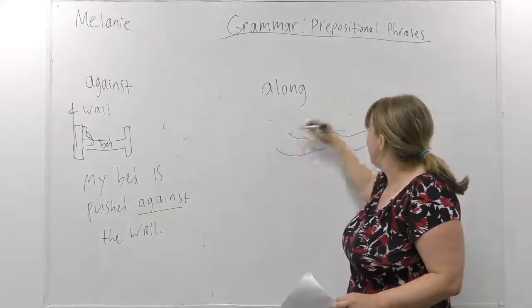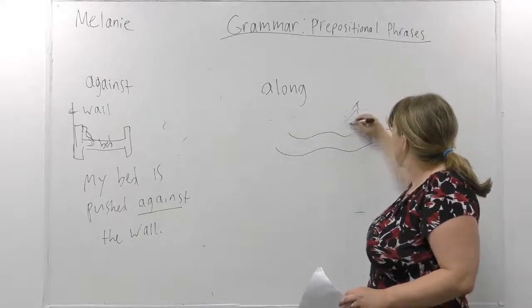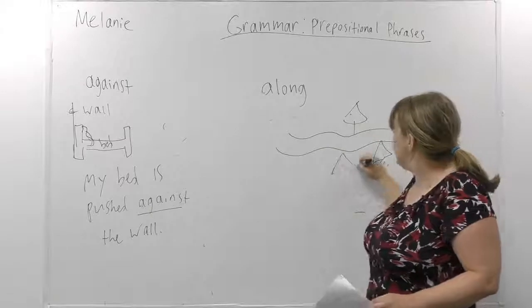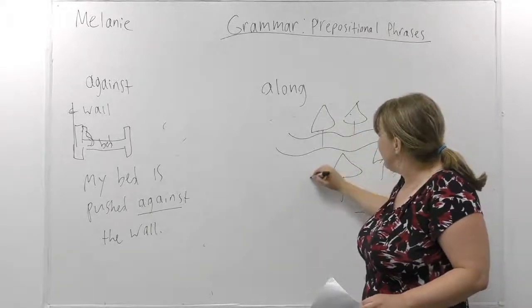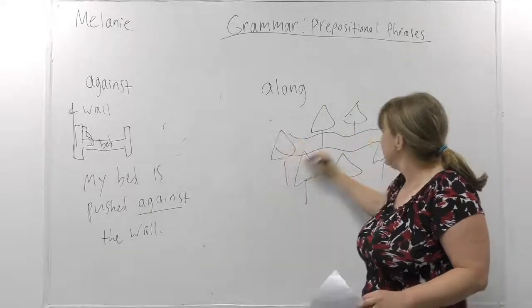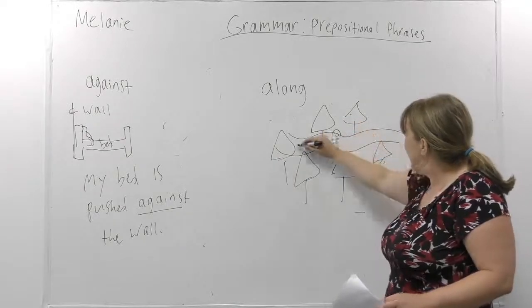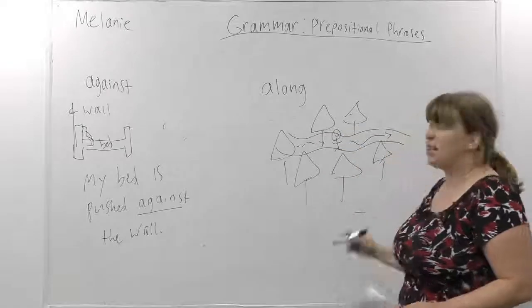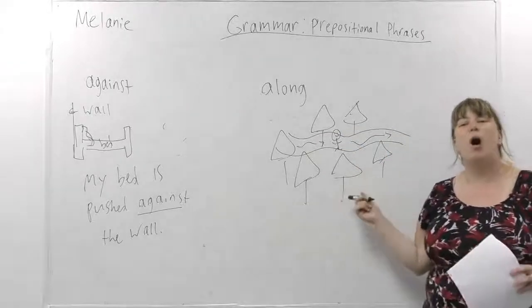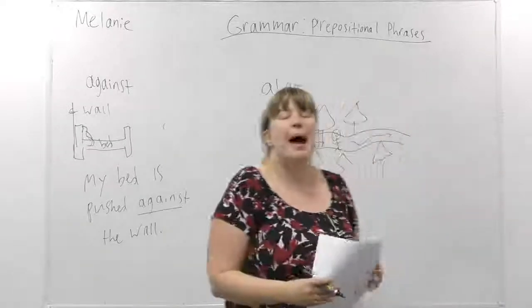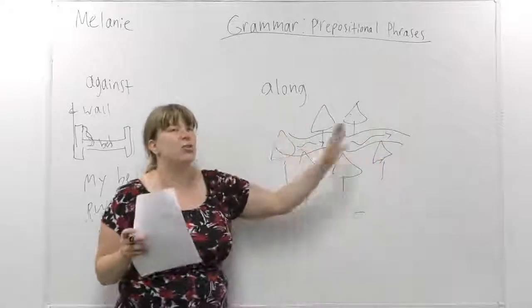So let's say, for example, here is a path in the forest. So this is me, and I'm kind of walking in this direction. So I walked along a path among the trees.